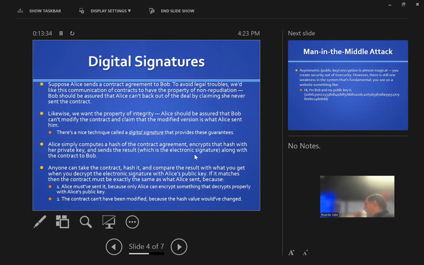So the contract cannot have been modified because the hash value would have changed. And as we have seen many times, even just one bit of the binary file changes the whole thing. Any questions? Do you guys see this? So you can see it's pretty much the same mechanism, but kind of in reverse.